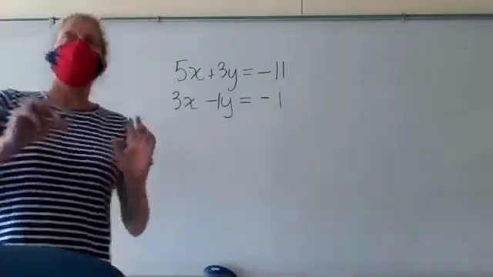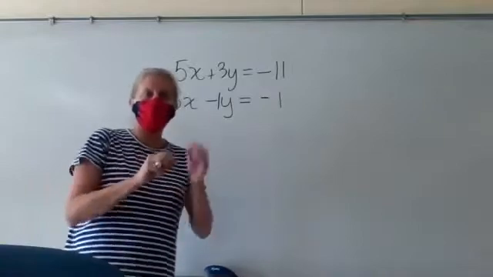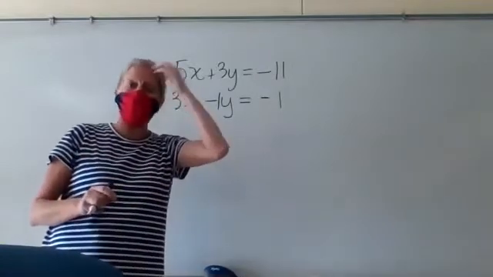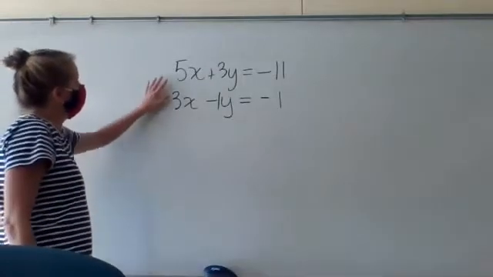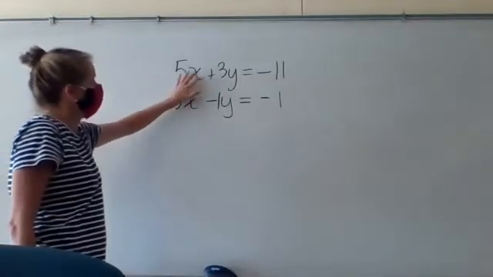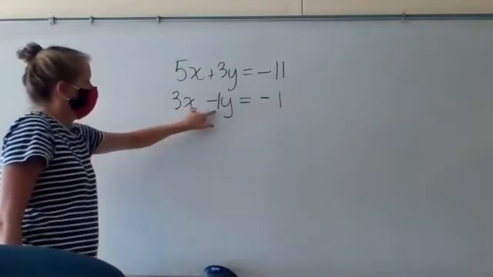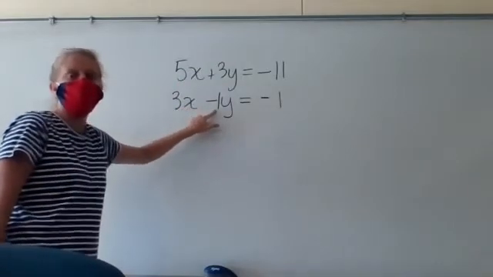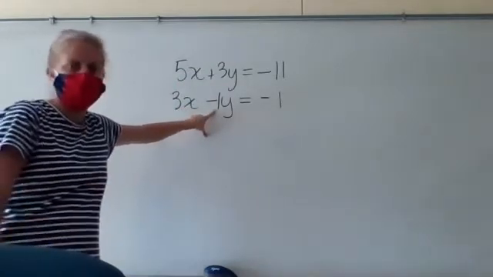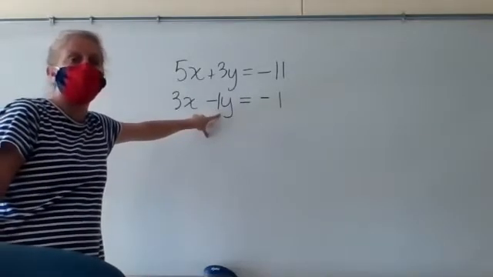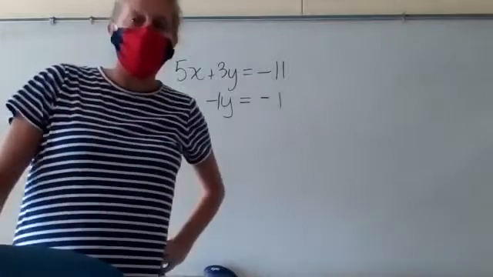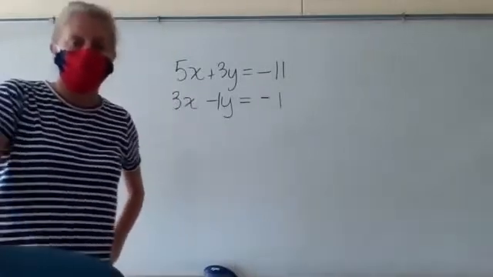So keeping that in mind, along with the fact that I need to cancel my x's or my y's, the first thing I'm going to look for is a 1 or a negative 1. So I see this negative 1 right here. It's not always going to happen, but it's really easy to turn a 1 or a negative 1 into whatever you want it to be by multiplying it.